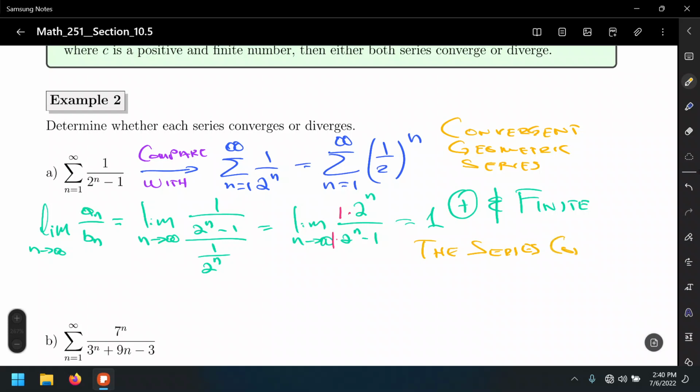The series converges by the limit comparison test. That is LCT. We can abbreviate by using LCT.